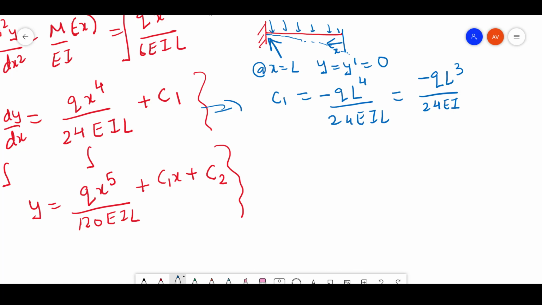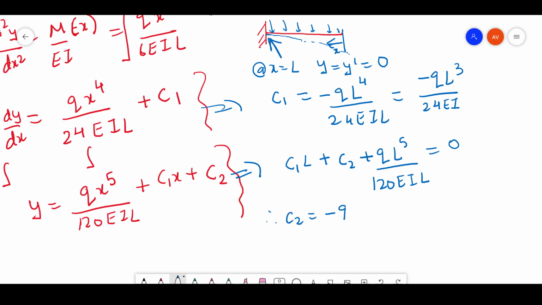Now using the second equation with those conditions, you will get c1 into x, so your x is L, plus c2 plus qL raised to 5 by 120 EIL is equal to 0. Therefore c2 is equal to minus q, this L will cancel, and you will get minus c1L.